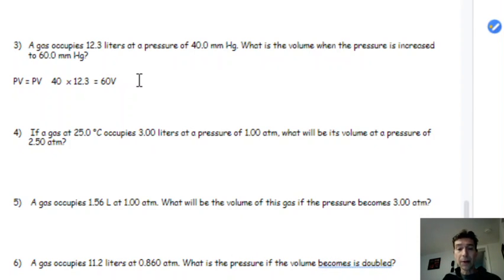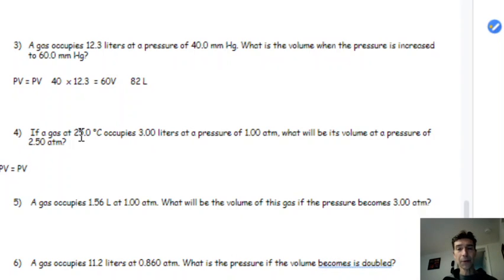So you have an 82 for an answer, and we are talking about volume, and therefore it would be some unit of volume. So it's liters in the problem. No conversions, no nothing. It's fairly simple. Let's take a look at the one below it here. Same equation, PV equals PV. So it's got 25 degrees Celsius.